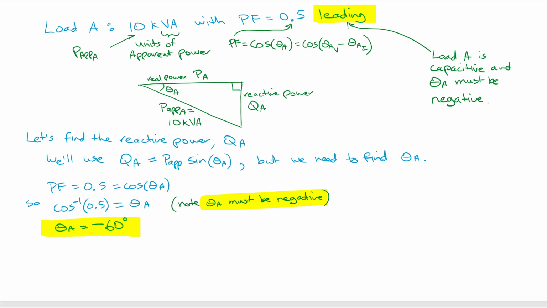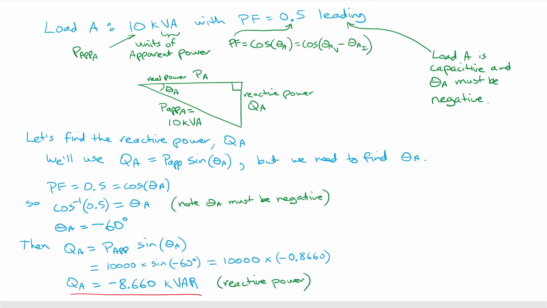Then we use our equation to calculate the reactive power: 10,000 times the sine of minus 60 degrees, giving us a reactive power of minus 8.66 kilovars. So that is how we solved for the powers of load A.